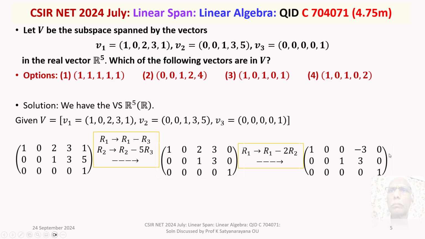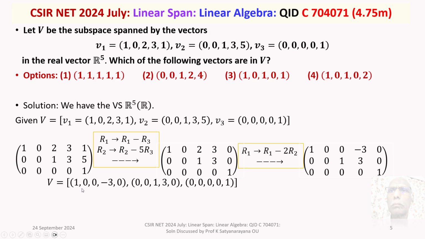It is in row reduced echelon form, and the rows are linearly independent. So that means V is spanned by these three vectors: (1, 0, 0, minus 3, 0), (0, 0, 1, 3, 0), (0, 0, 0, 0, 1). The linear span means the set of all linear combinations.